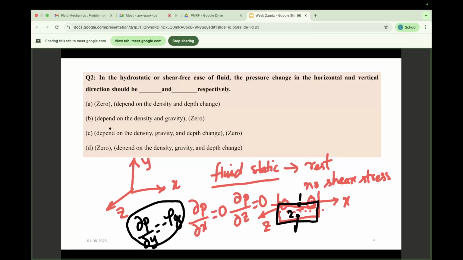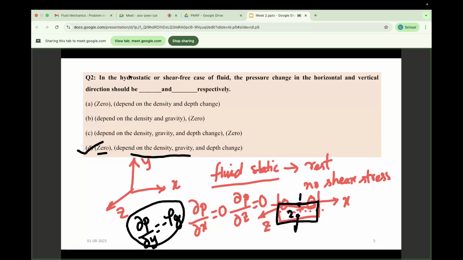So in the horizontal direction it should be 0, and in the vertical direction it depends on density, gravity and depth change. So option D is the correct one.